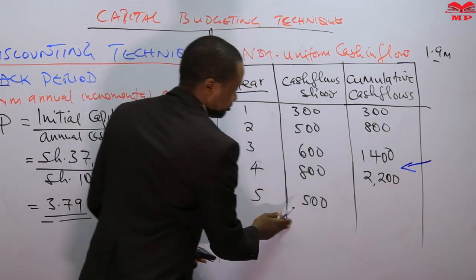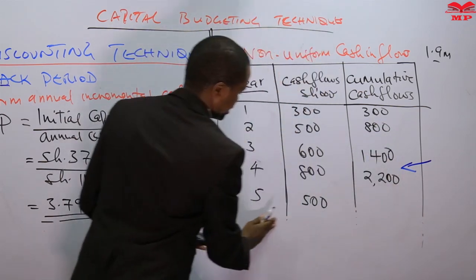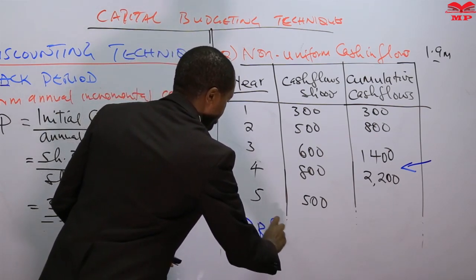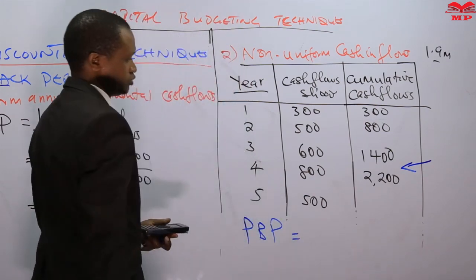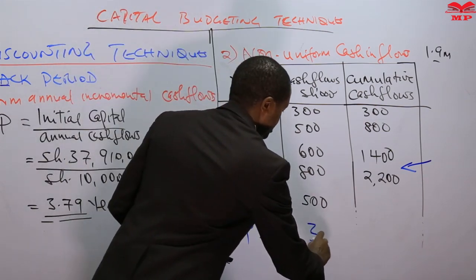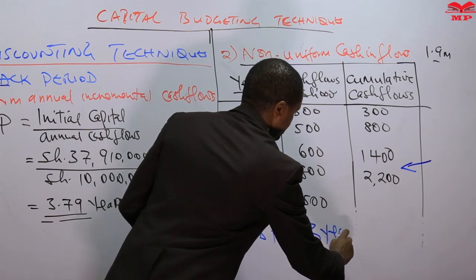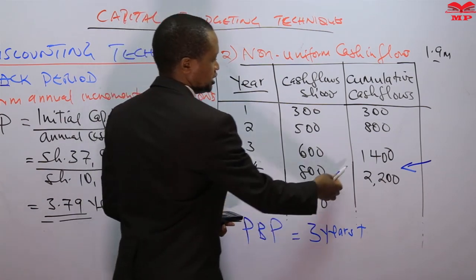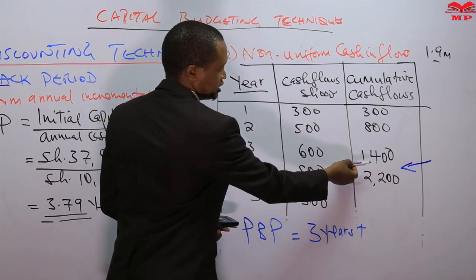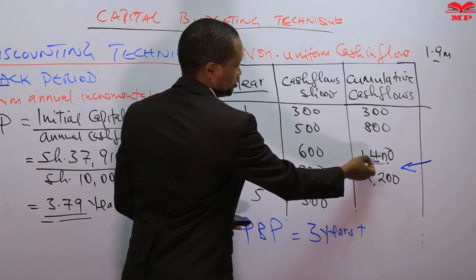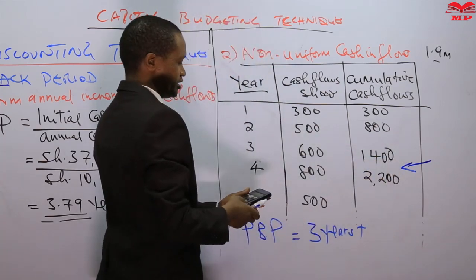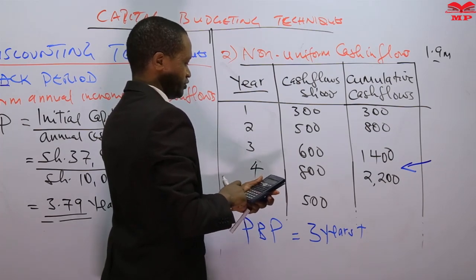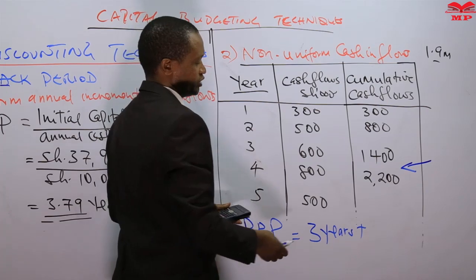So what is the payback period? In this case, payback period is equal to 3 years plus, because at the end of 3 years, the project has generated 1.4 million. That means that 1.9 minus 1.4 is equal to 500.